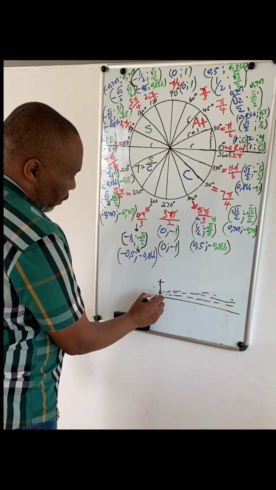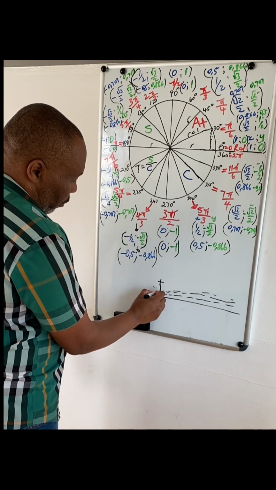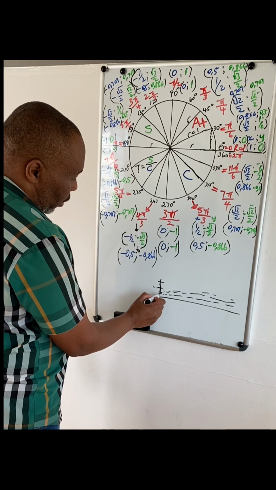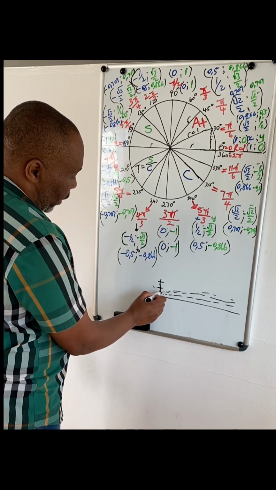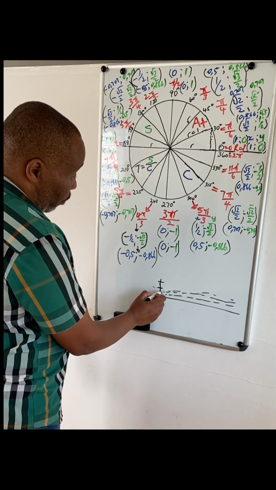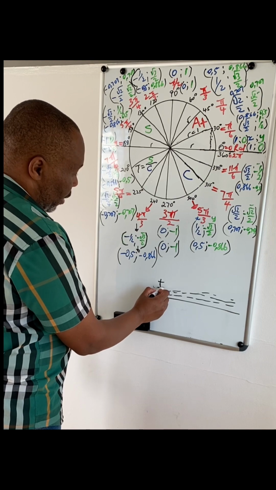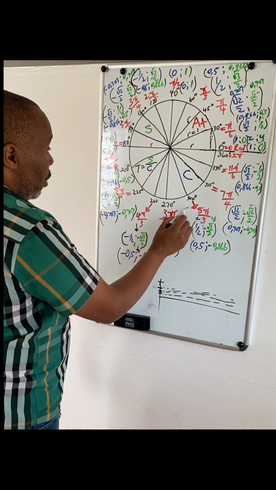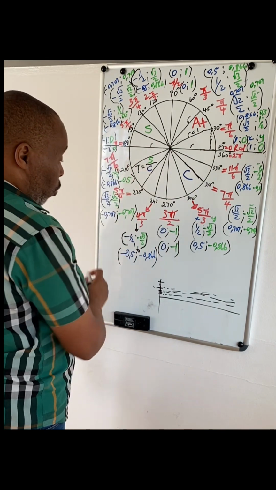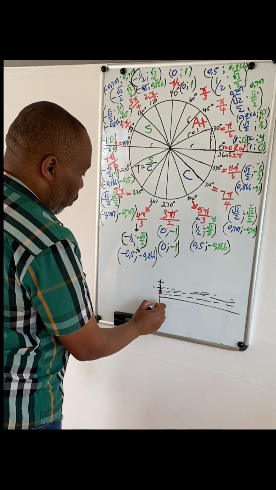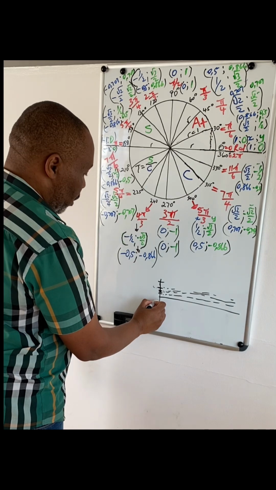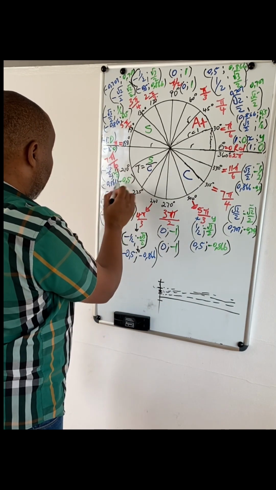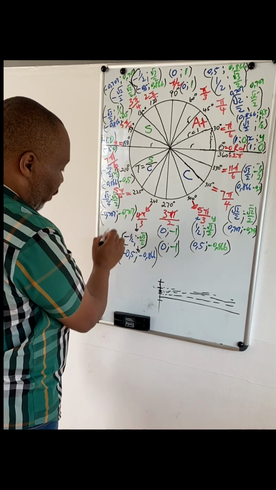So it's 0. Let me put 1 here. So it's 0.7, it's 0.8, 0.5, 0.7, 0.8 here, and then it's 1, because we've got the value 1. Then -1. The same thing below, we do minus 0.7 because we've got minus 0.707.